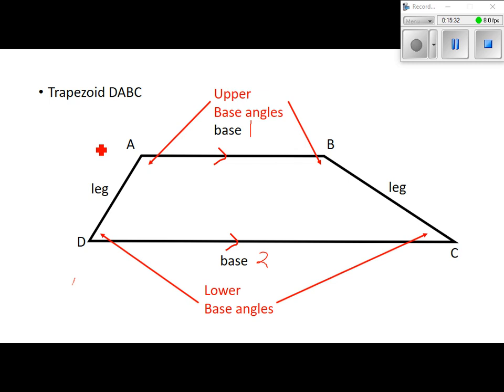The other two sides are the legs. And then you have upper base angles and lower base angles. The upper base angles surround one of the bases, so the two angles that surround this base. And it doesn't matter, upper, lower, this could be turned sideways, so on and so on. They just surround the base. So the two angles that are on the ends of that base are those two base angles, then the other two are the other two base angles.